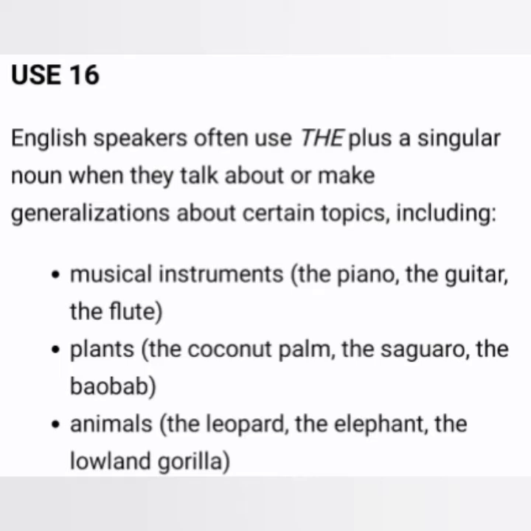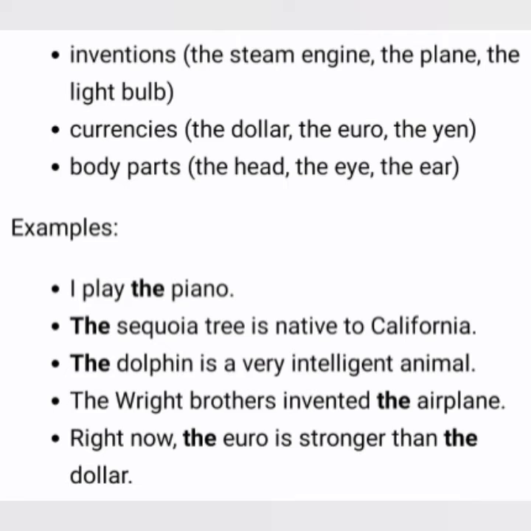Further, we add inventions: the steam engine, the plane, the light bulb. Currencies: the dollar, the euro, the yen. Then body parts: the head, the eye, the ear, like that we can use "the."